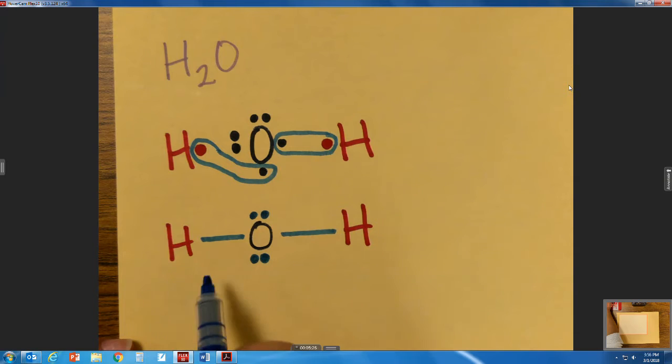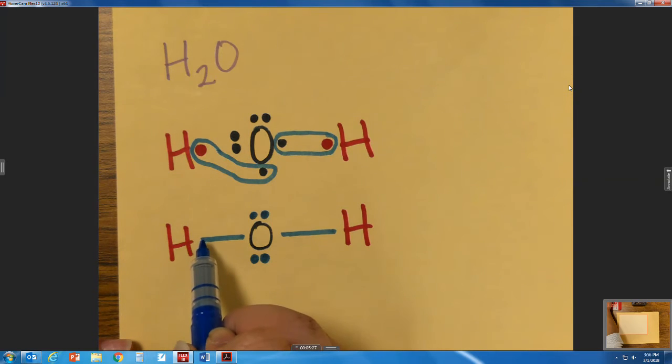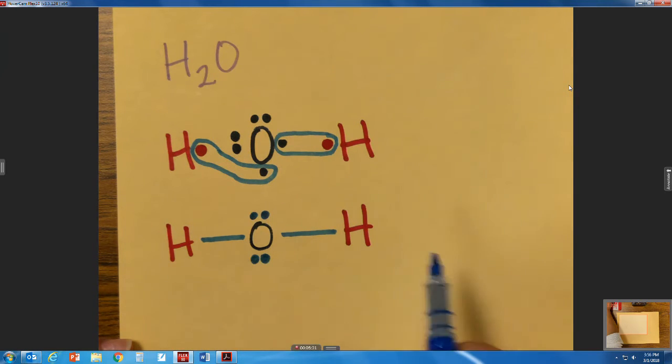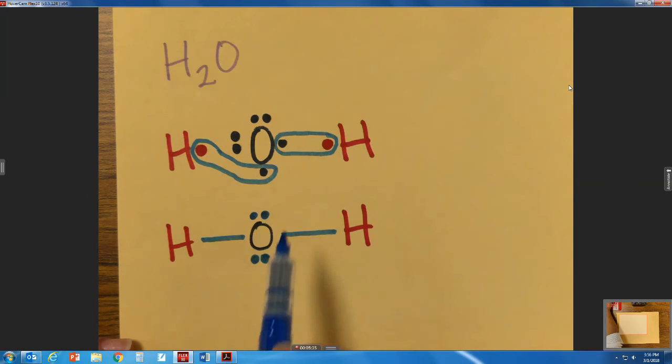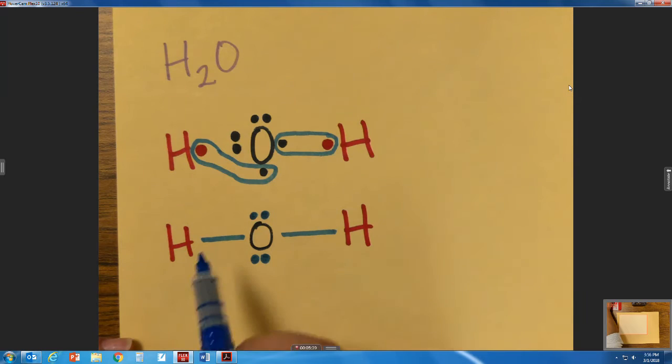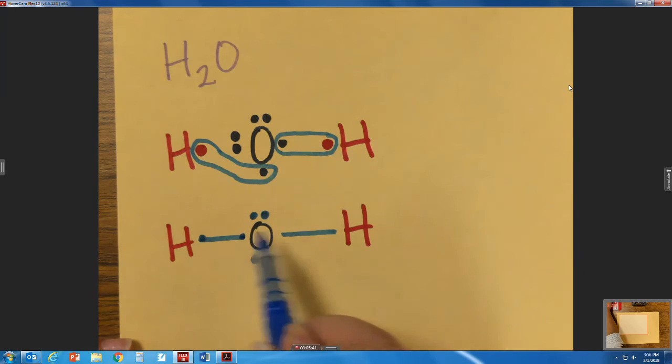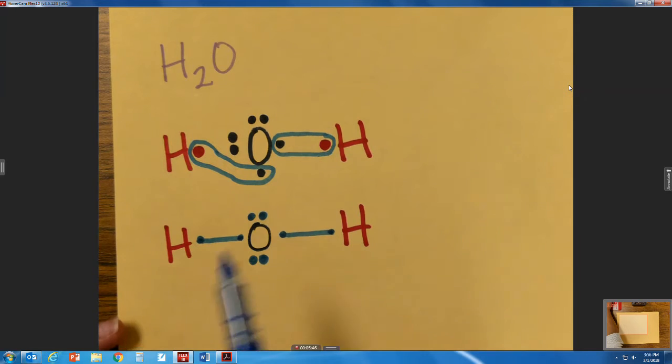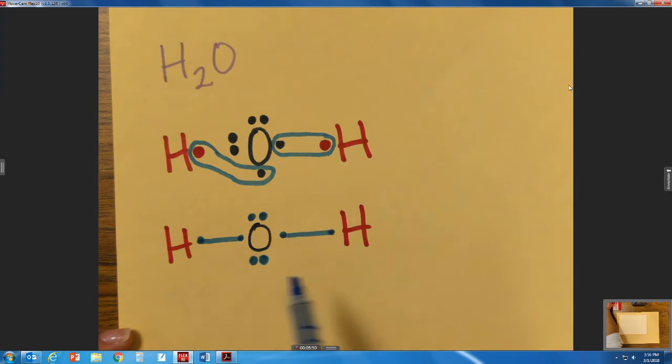When we check our work, hydrogen has 2 electrons being shared with the both of them. Same thing for this hydrogen. And then oxygen has 8 electrons. So our final structure for water, H2O, is this structure right here.